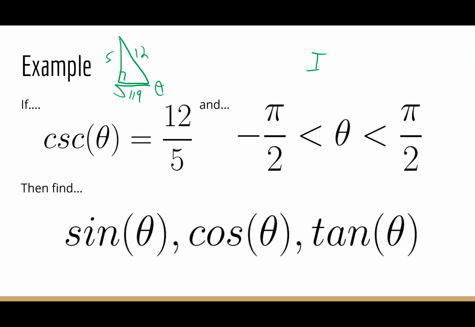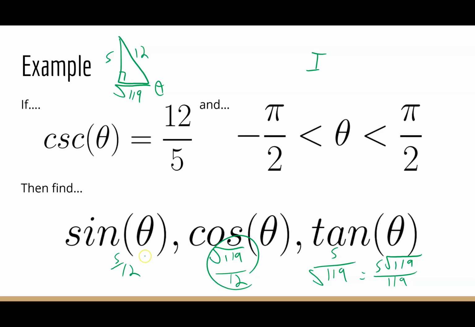So sine, 5 over 12, cosine is square root of 119 over 12, tangent 5 over square root of 119, so 5 square root of 119 over 119. So there's our 3 answers. Now we are in quadrant 1, everything's positive, so they stay positive.